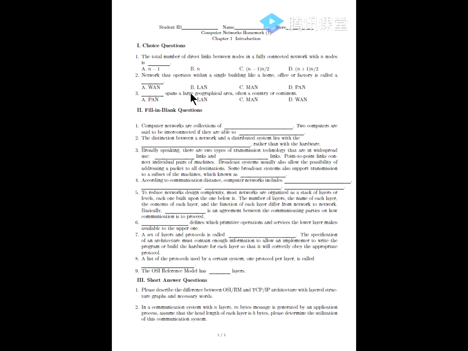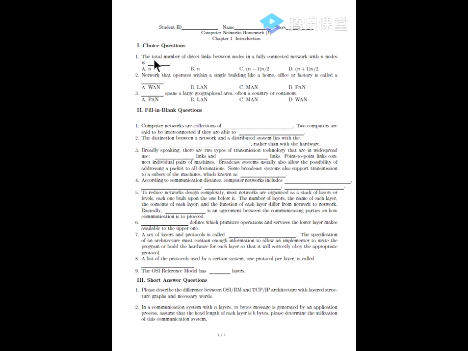You are expected to submit homework 1 in 2 weeks. So the deadline will be March 25th. The deadline of homework 1 is March 25th.